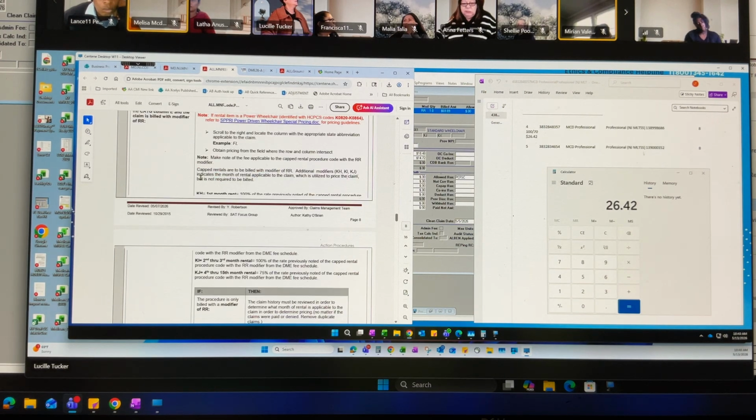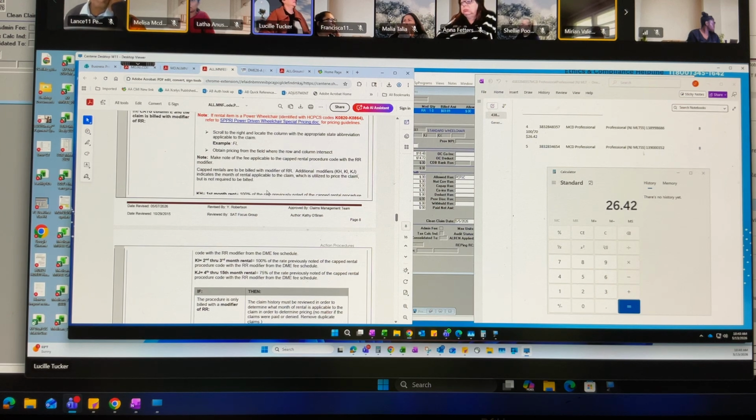So now it talks about cap rentals are to be billed with modifier RR and additional modifiers KH, KI, or KJ indicate the month of rental applicable to the claim, which is utilized to price the claim but is not required to be billed. So the first one, and it's a little hard to read, but it basically says KH equals first month of rental, and we pay 100% of the rate previously noted.